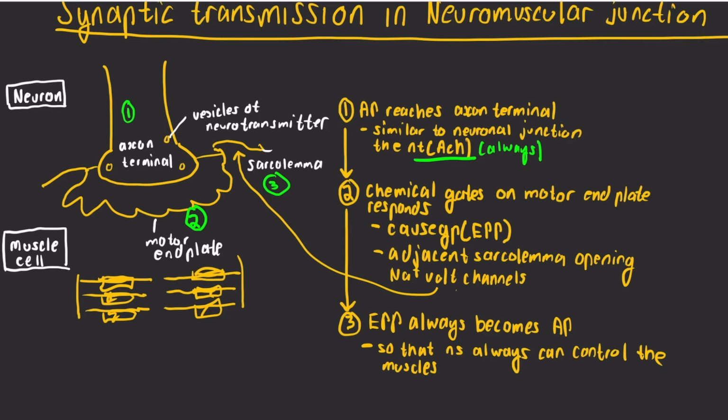So this is why we want an action potential to always occur here at the sarcolemma. And the way it spreads is by positive charge spreading across the membrane.